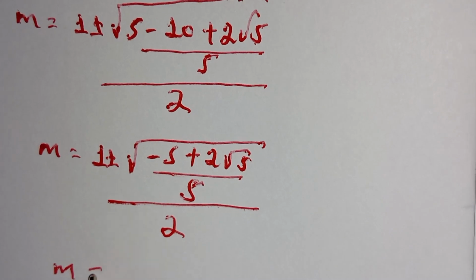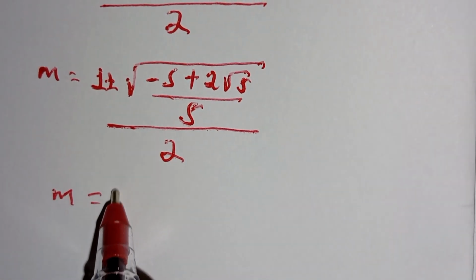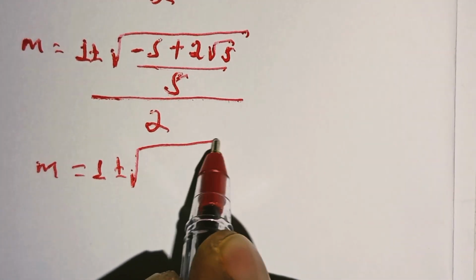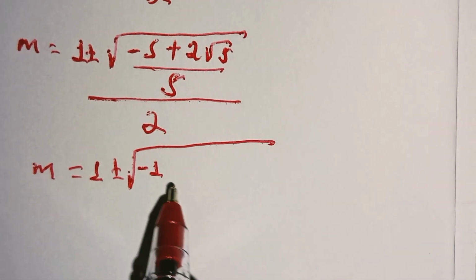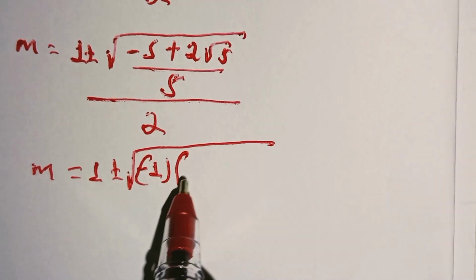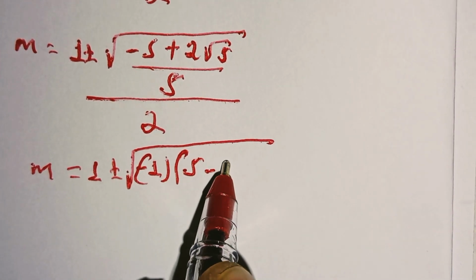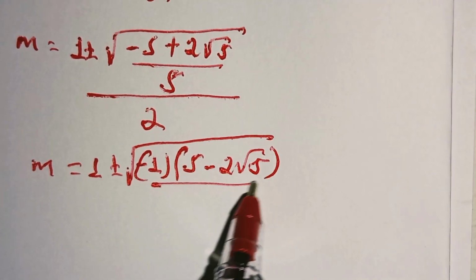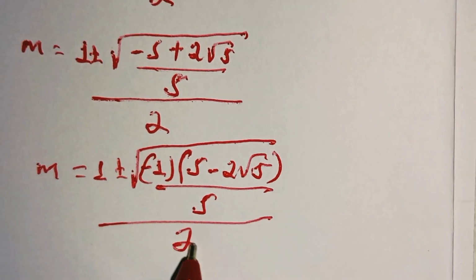So m is equal to 1 plus or minus the radical minus 1 into (5 minus 2 root 5) over 5 over 2.